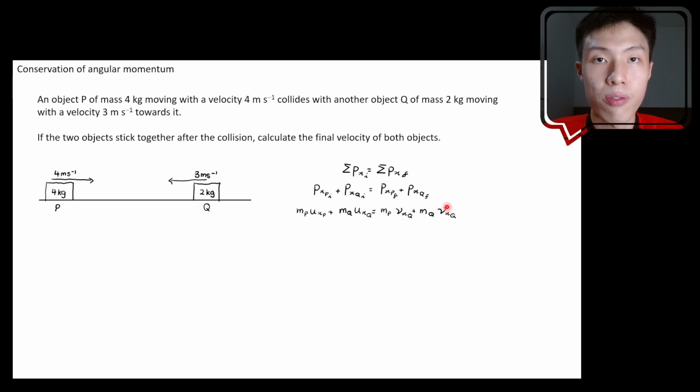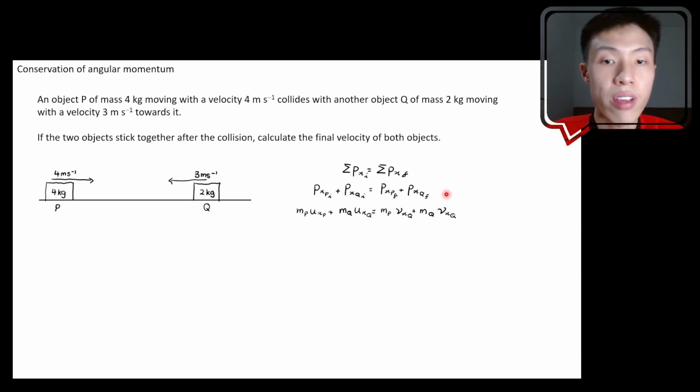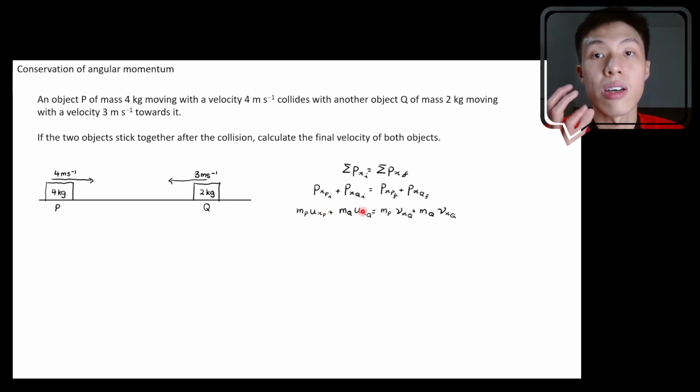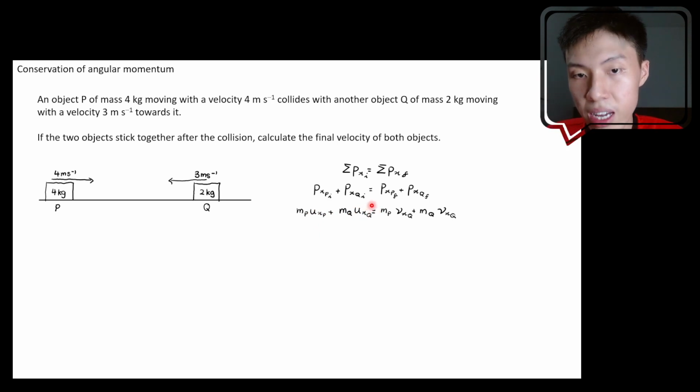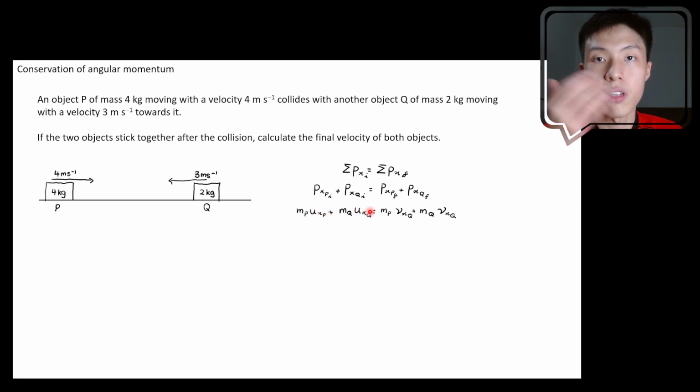Because we are looking at components, we can put in positive and negative signs. If the velocity is pointing in the positive direction, then you have a positive value for the X component of u. If it is pointing in the negative direction, you have a negative value. So by using subscript X, we are saying that this is a component: if positive, it is in the positive direction, and if negative, it is pointing in the negative direction.